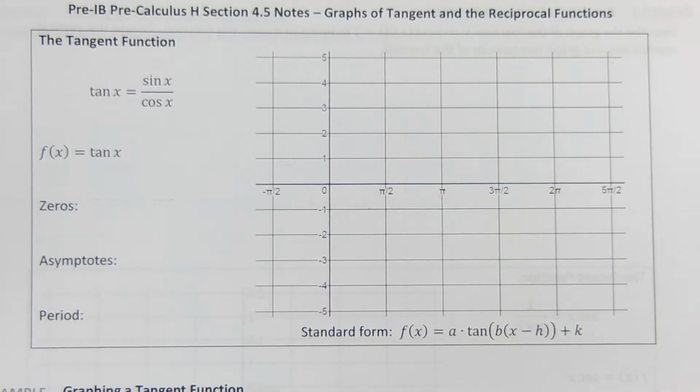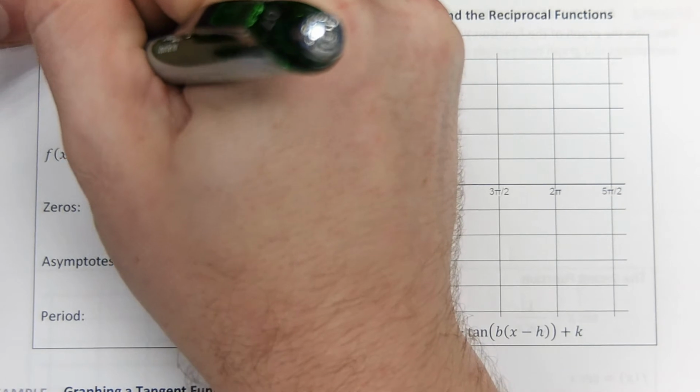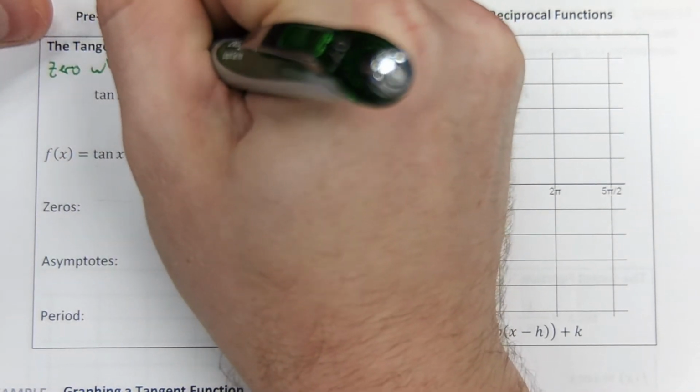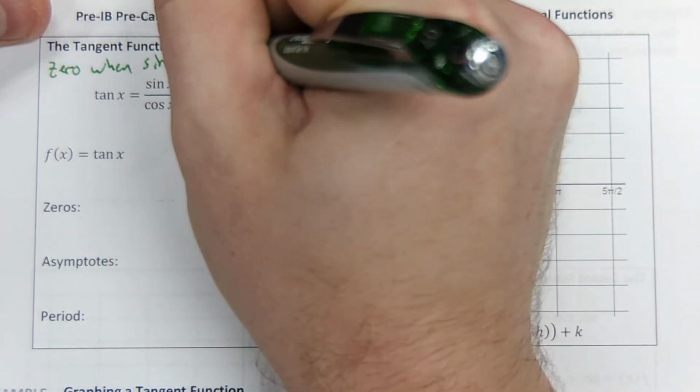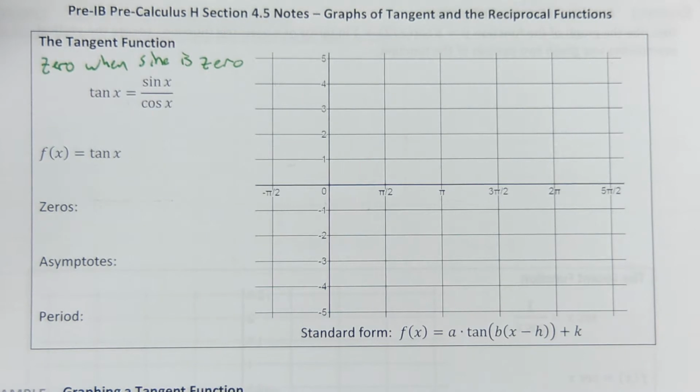Okay, well, what that means is tangent of x is going to be equal to 0 every time the top of that fraction equals 0. So every time sine of x is 0, tangent of x is 0. But that also means that the denominator could be 0, and you can't divide by 0.